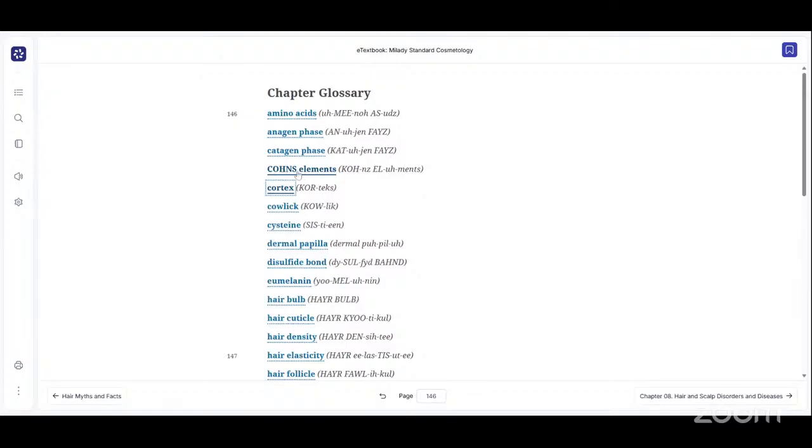Cones element. Can somebody unmute and tell me what cones represent? Cones represent the elements of hair.